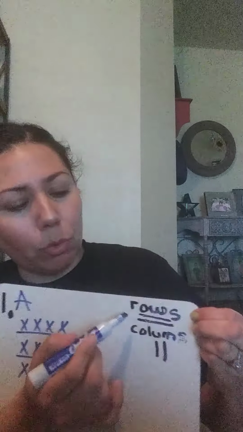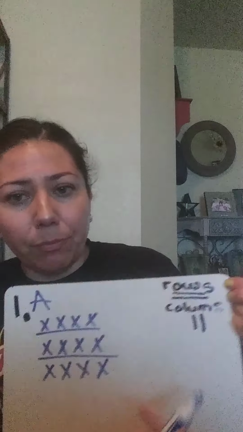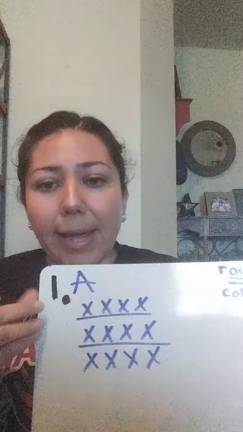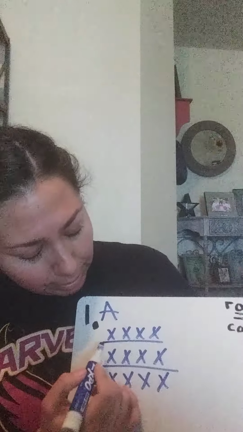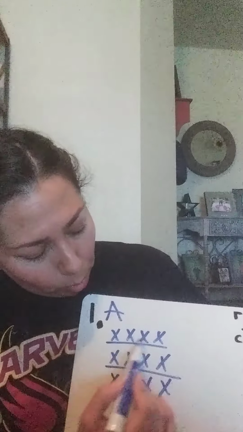Remember, rows are side to side and columns up and down. So for number 1A, the only thing we need to draw is 3 rows of 4s, and we're going to separate them with lines. So there's 1 row, 2 rows, and 3 rows.